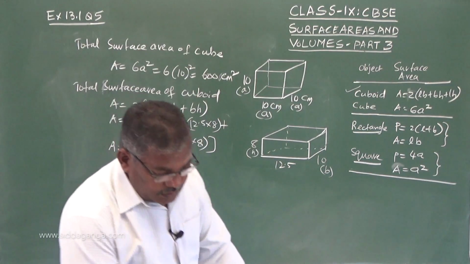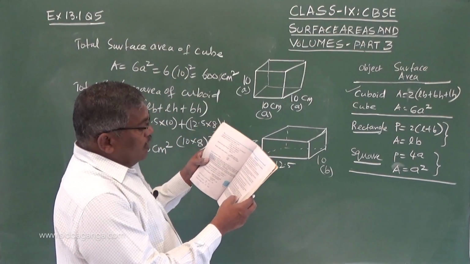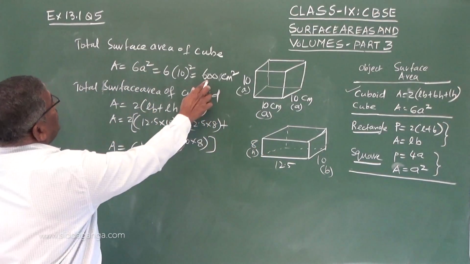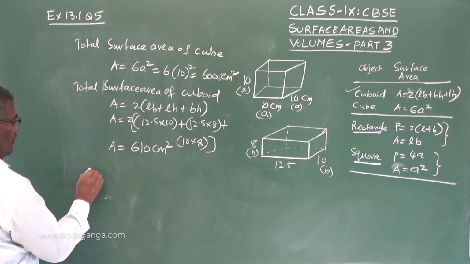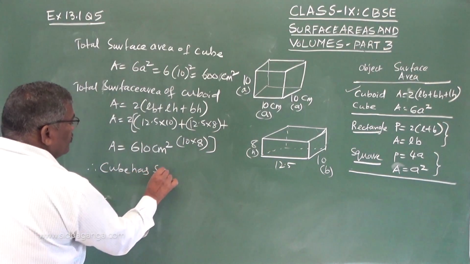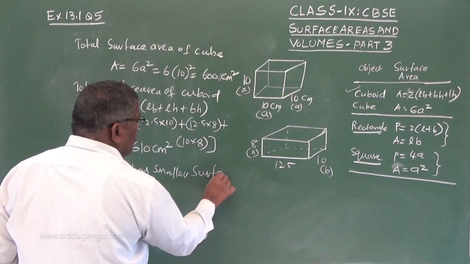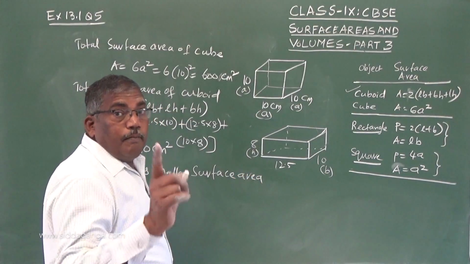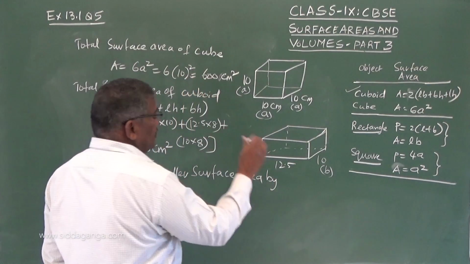Read the question, which box has smaller total surface area? See, out of these two, the smaller one is cube. So therefore, cube has smaller surface area. By how much? This is 610 and this is 600.